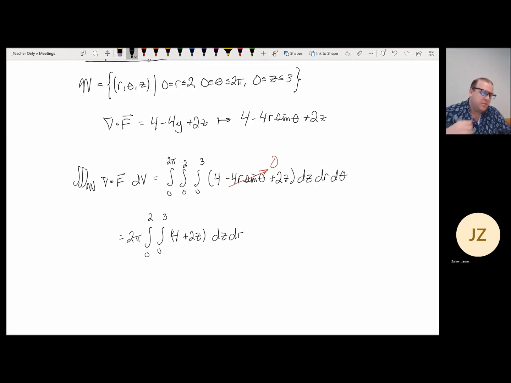That'd be fairly simple to do because there's no r's. So the integral with respect to r is just 2.